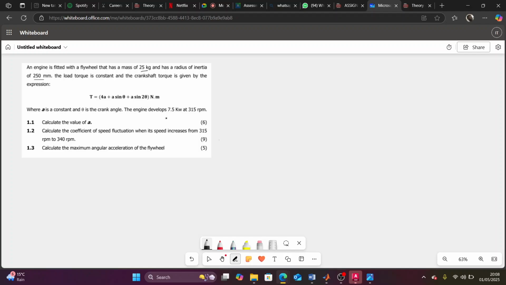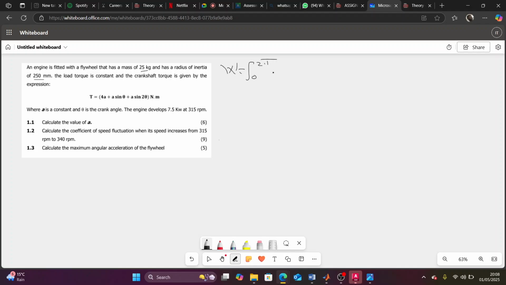Now, what is the first thing to do? First thing is usually to prove that the mean torque is 4A. How do we prove it? We just go by work done. You find the work done going with integration from 0 to 2 pi of the equation of your torque here.